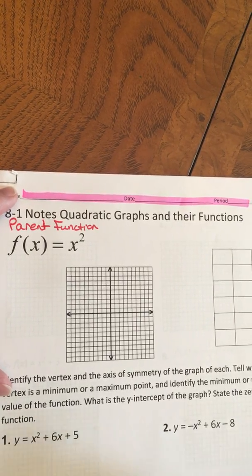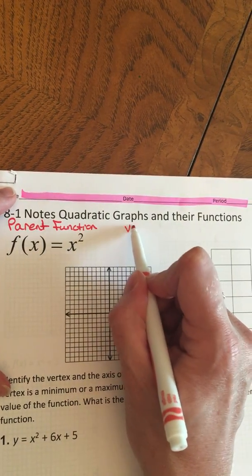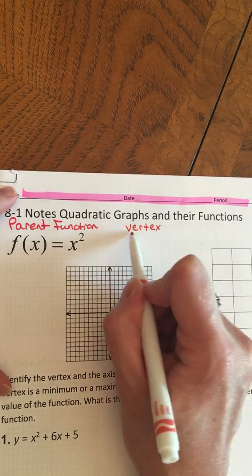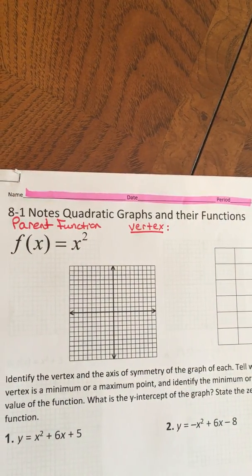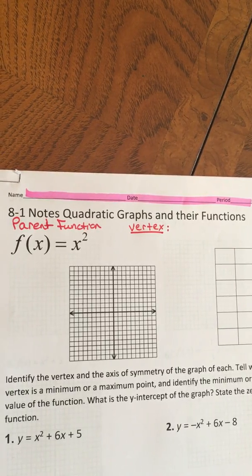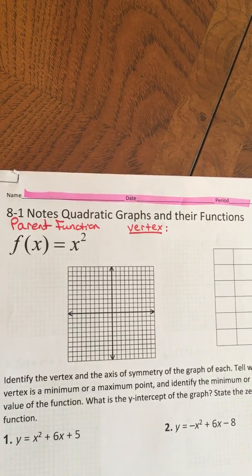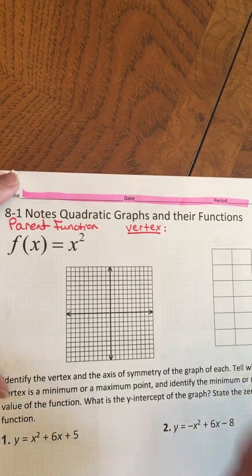One of them is called the vertex. The vertex is going to be the point that's in the very middle of your quadratic, of your parabola.